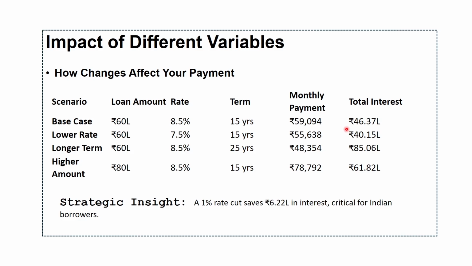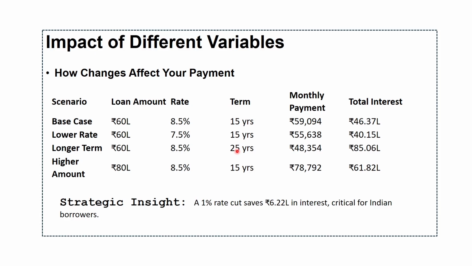Then we have scenario 2, a longer term of 25 years. Payment falls to 48,354, but interest soars to 85.06 lakhs, doubling the cost.